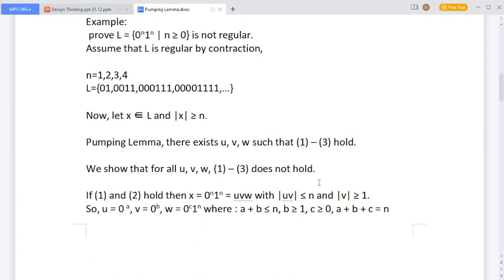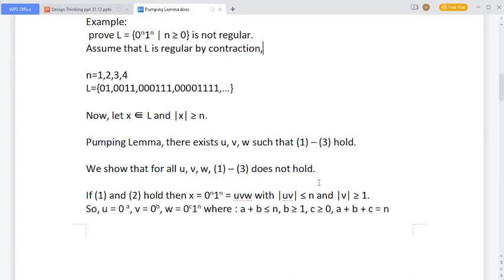So what is my language? I have any number of zeros followed by any number of ones. This n is common for both zeros and ones. The number of zeros is the same as the number of ones. So that is not regular.